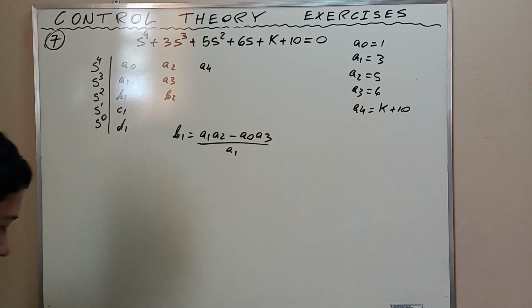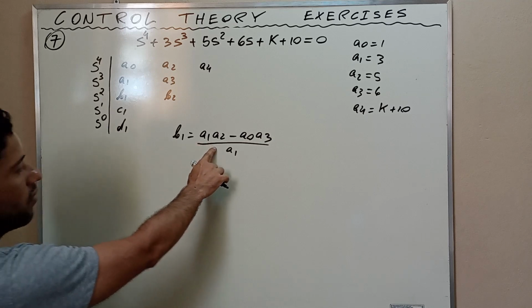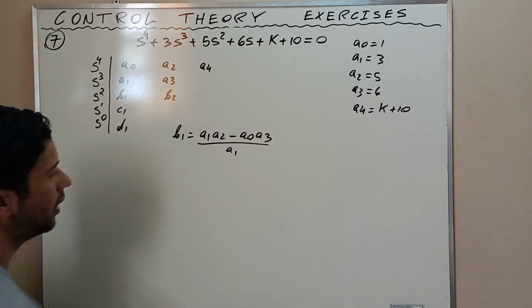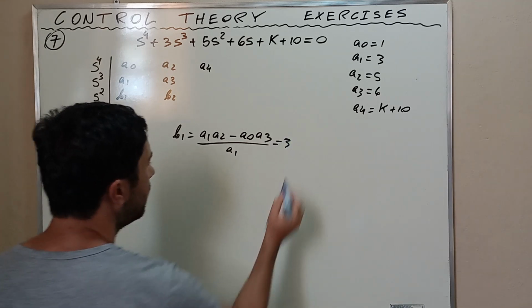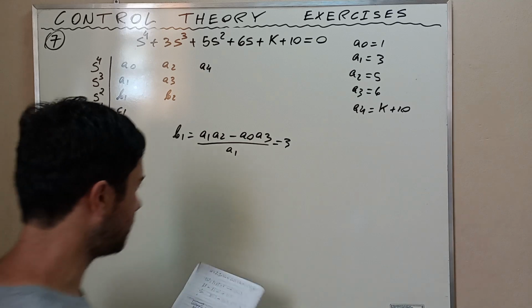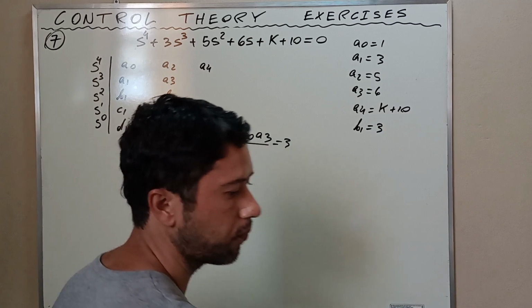We simply substitute the values, and we find that it is equal to 3. Then we write here that B1 is equal to 3, okay?